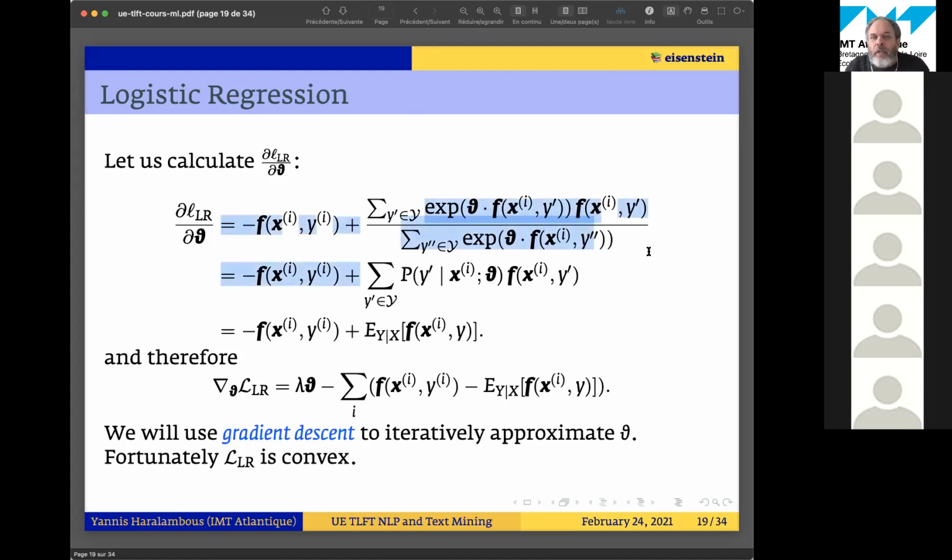And here I recognize my probabilistic model. So this part, without the f that is there, is my probabilistic model.